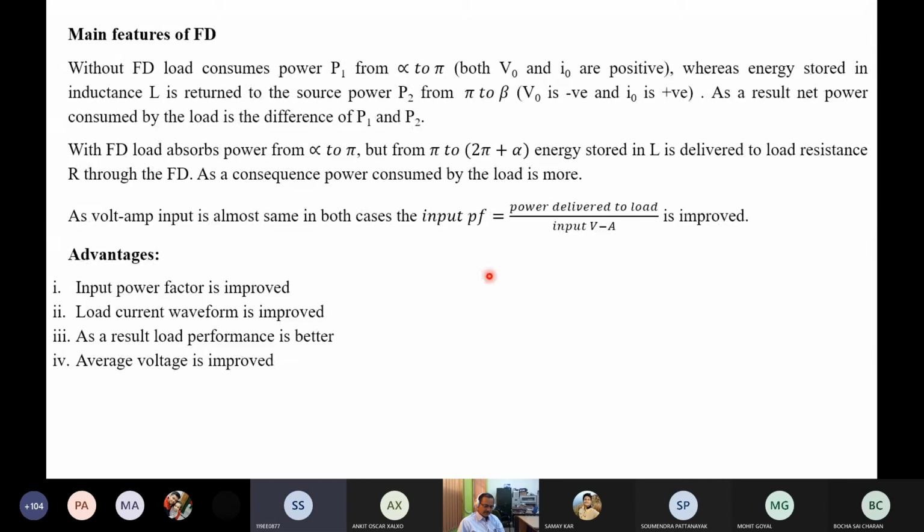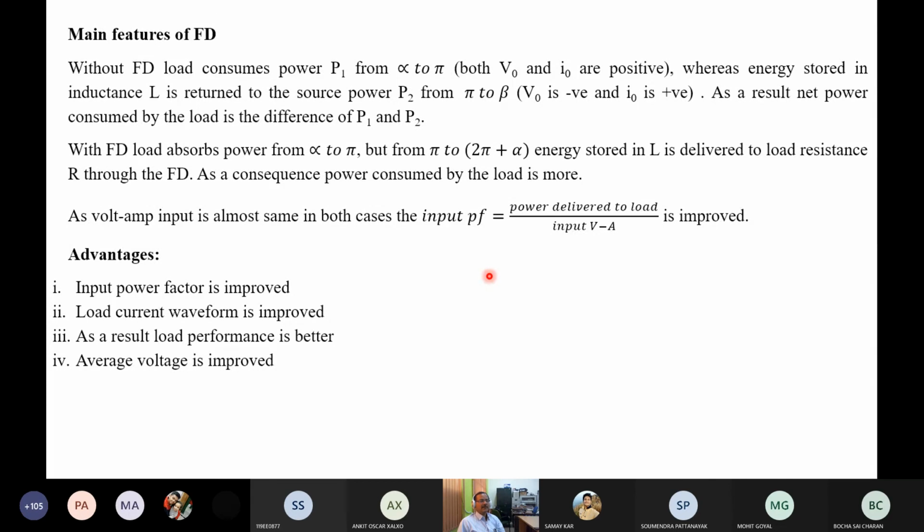Sir, we are aiming to get a constant current, I know. Well and good, if we get it, it is good. That actually requires an infinitely large inductance, right?